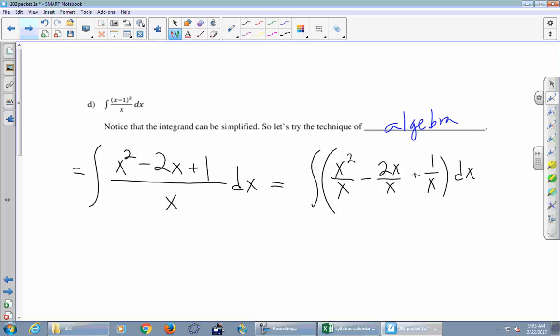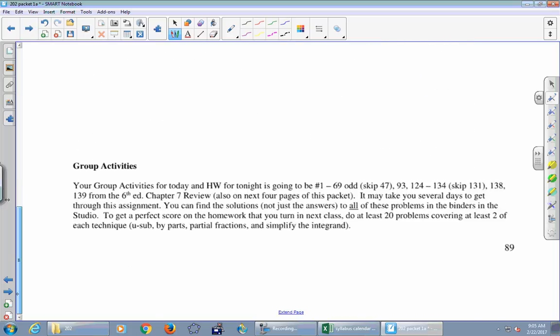So the group activities, let's be clear here because it's a little bit unusual. At the bottom of page 89 here, it says your group activity for today and your homework for tonight is going to be numbers 1 through 69 odd. You're going to skip 47. Feel free to cross that one off now just while it's on your brain. Cross off 47. It's on the next page.